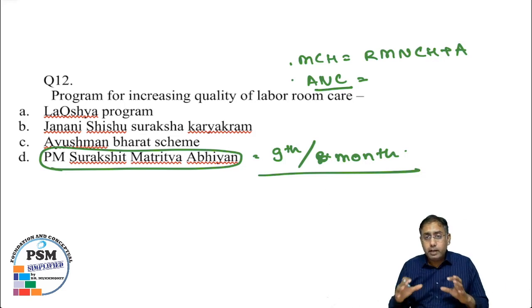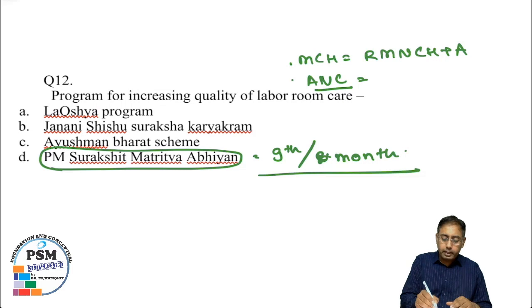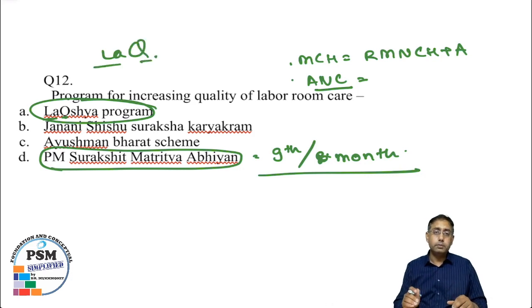The quality of labor room, how good the labor room facilities are, how good the trained staff is, and how many instruments and devices there are. All these are being tackled under the Lakshya program, the labor room quality assurance program.